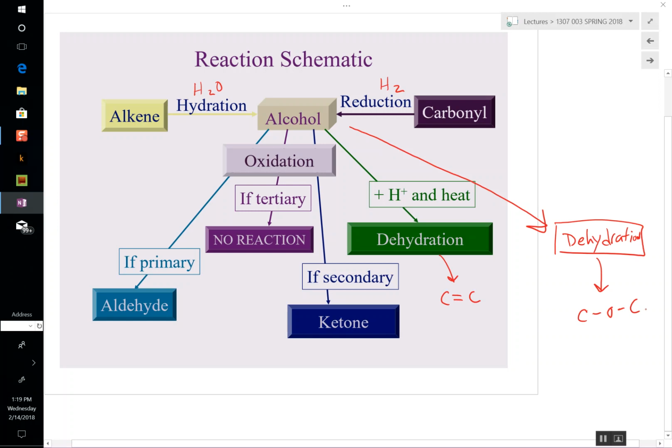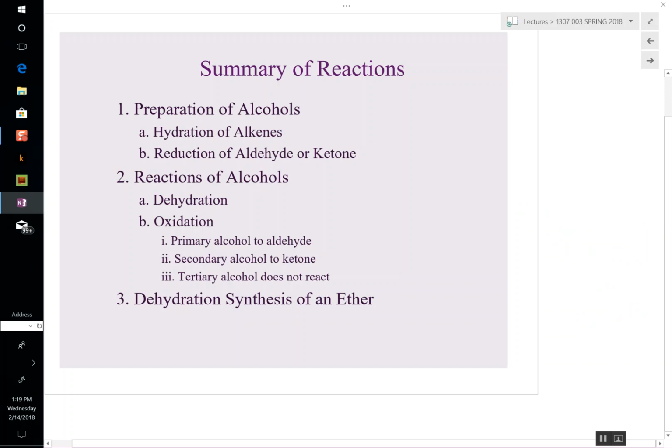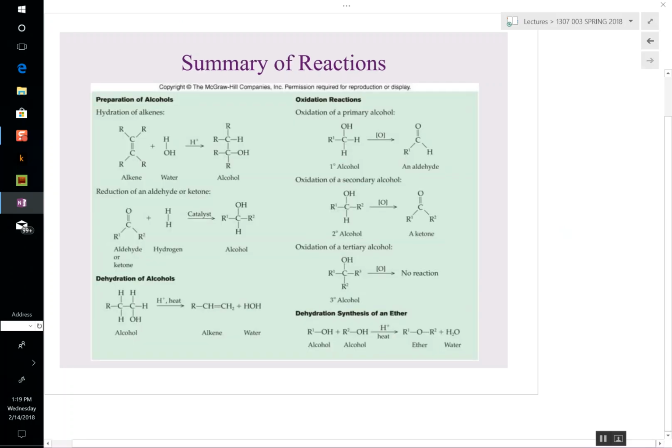All right, we'll just leave it at that. So that slide and the one you had earlier are very similar. This slide just gives it in words. This slide shows you the reactions again.